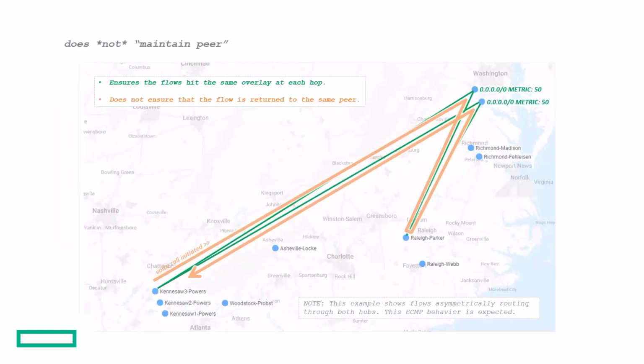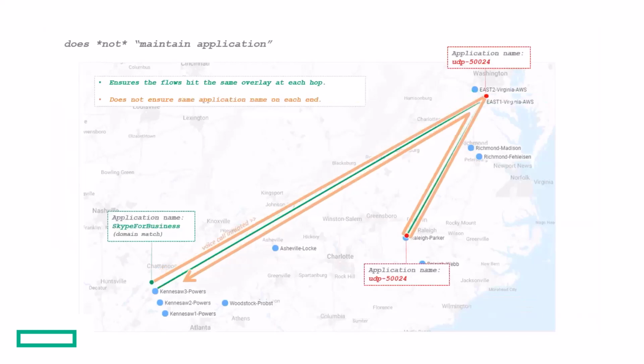That means that in this example here, the overlay is going to be real-time the entire way. But it is totally possible that just because a flow came in from East 1, it's not going to be forced to go back to East 1. It can still go back to East 2. That's what I mean by this feature doesn't maintain peer, doesn't maintain symmetry across multiple ECs with the same metric.